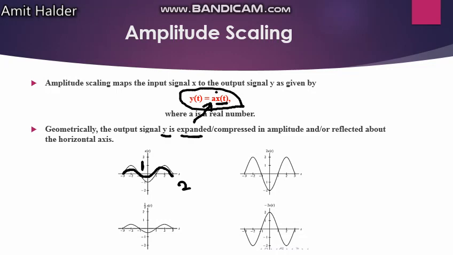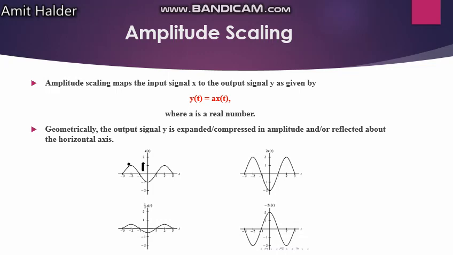Signal y is expanded or compressed in amplitude, or reflected about the horizontal axis. In the previous rules, we changed it along the x-axis. Now we will change it along the y-axis.